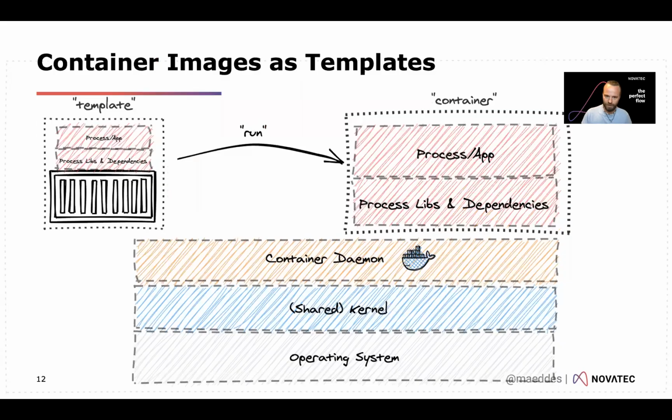As we know what containers are, container images are basically templates to run those containers. A template is like a blueprint that resides on your file system, whereas once it's running, it's a running process on this so-called container daemon.